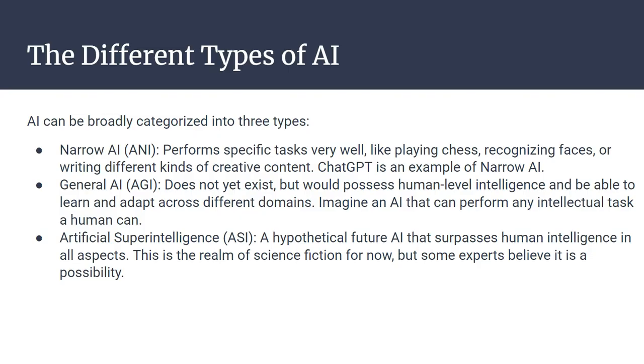So we're going to just stay at a real high level here, right? There's this narrow AI, which is doing specific tasks, like playing chess. That was one of those early ones, Watson beating Kasparov. Facial recognition. ChatGPT is kind of one of those. And then there's AGI, when it evolves to human level intelligence.